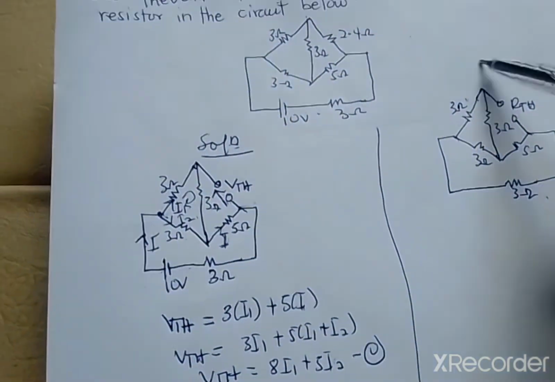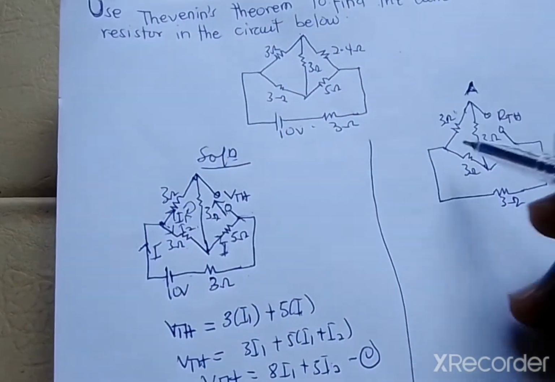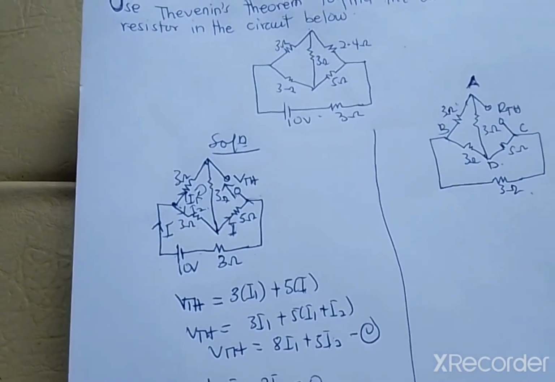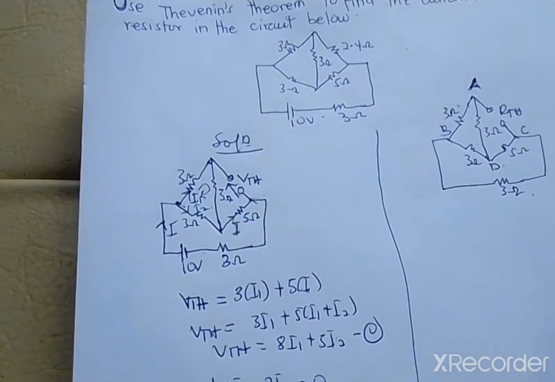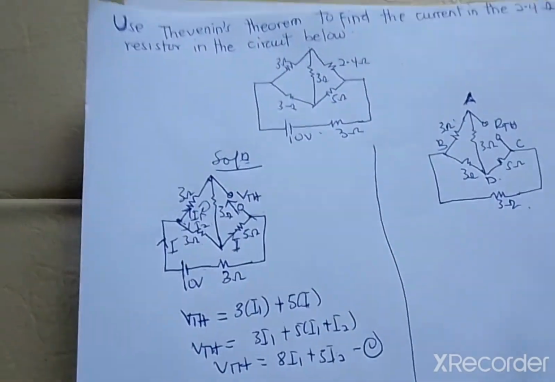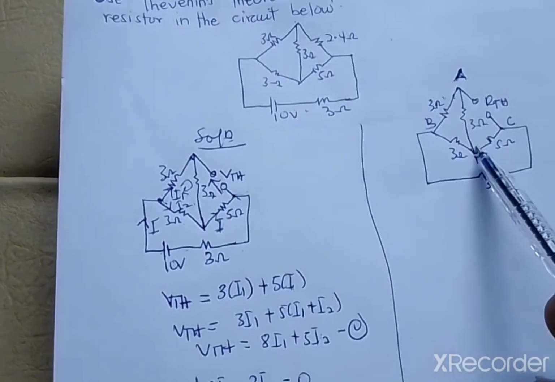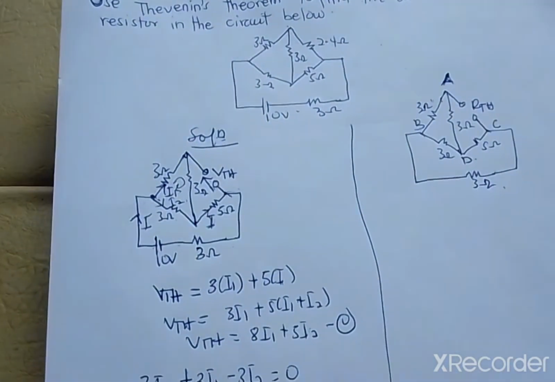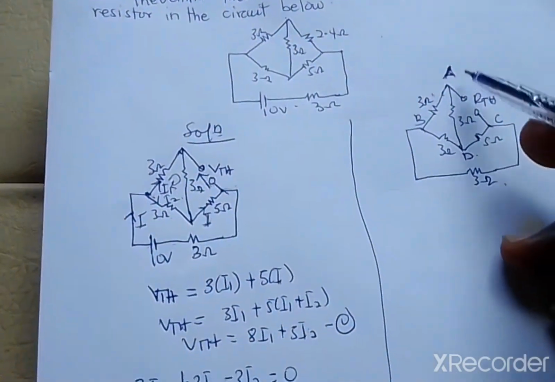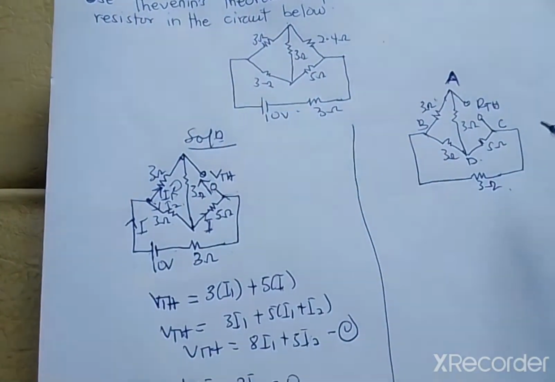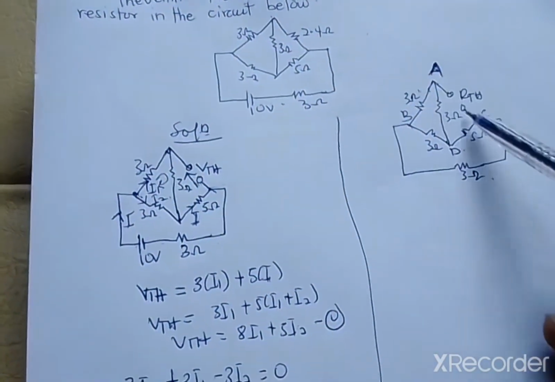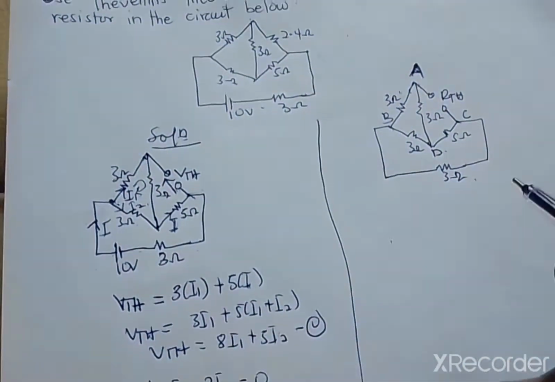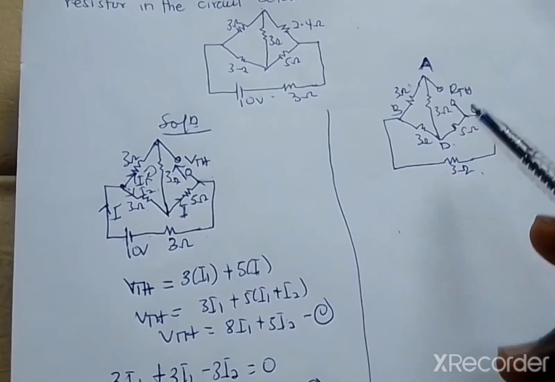So let's label the nodes A, B, C, and D. You can choose any letter of your choice, but we just want to label the nodes so that if you want to expand the resistor connection, you can see the various magnitudes very well. So at this point, we know that we have to find the total resistance across A and C, because that's where the RTH is.